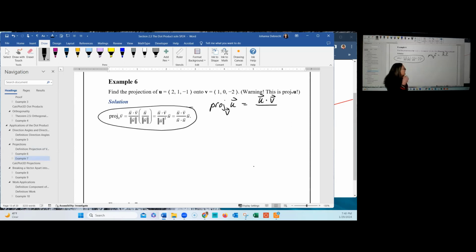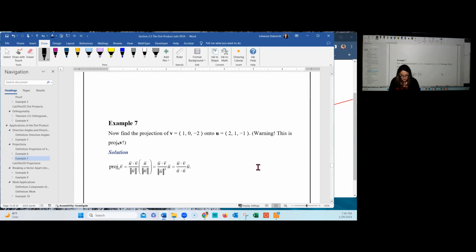But the one casting the shadow only gets mentioned once, and that's U, whereas the one that it's casting the shadow onto gets used a lot. So you would be performing this. Remember that the dot product gives you a scalar. This is a scalar. A constant divided by a constant is a constant, but a constant times a vector is a vector. So let's go ahead and pause the video while you work that one out.